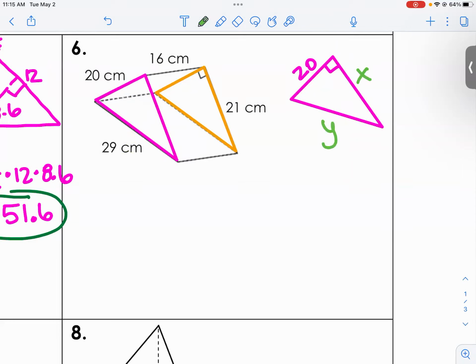Oh, it's because of the right angle. We need the right angle to be with our base and our height. Okay, so what is this measurement from this triangle? 21. Okay, so the area of our triangle for our base is 1/2 base times height.